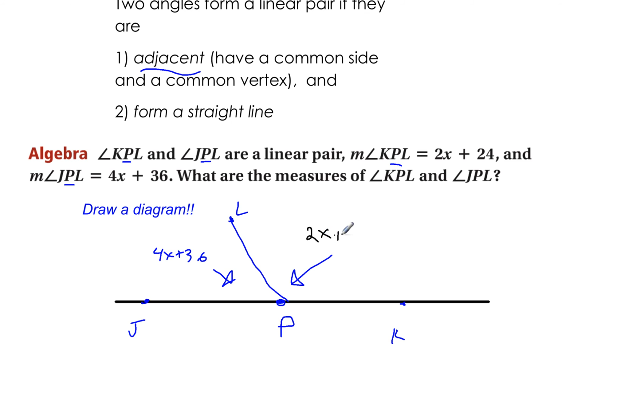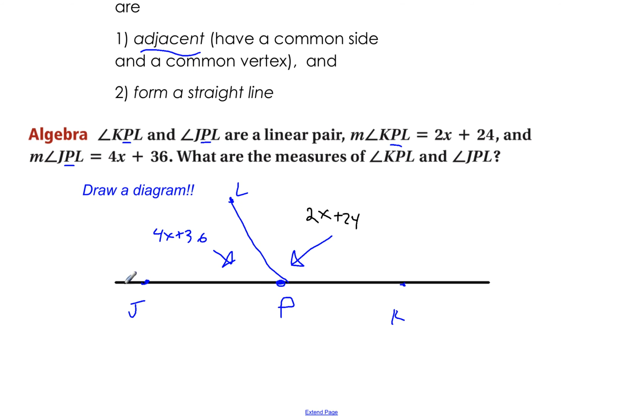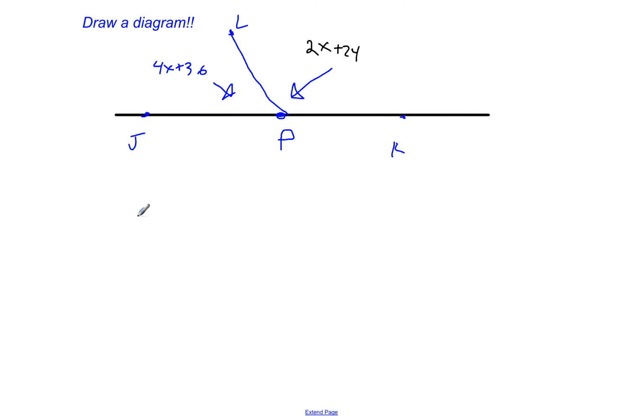Good. If they're telling me that they are a linear pair, that means their sum is equal to 180 degrees. Well, let's set up our equation. So 4x plus 36 plus 2x plus 24 is equal to 180.